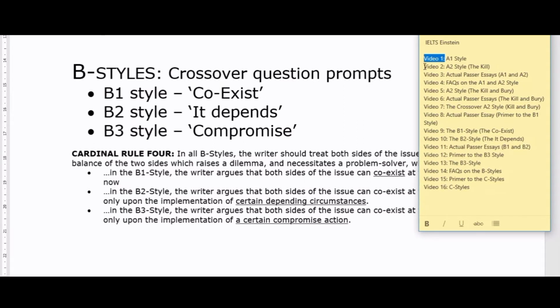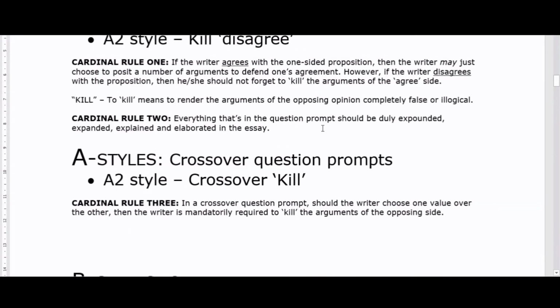And then the A2 style or the kill style is in video 2. But the crossover A2 style, that's in video 7. So that is, I'm sorry about that. That's crossover kill and bury. I'm sorry about that. I've forgotten already. Alright, there. So that is the kill and bury style.